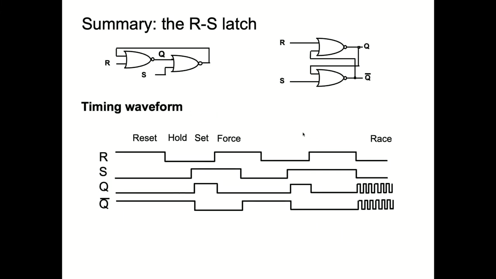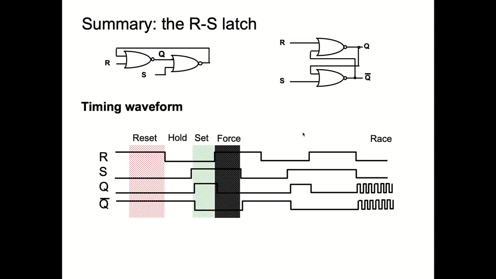Okay, all right. So this is kind of summarizing how this RS latch works. When R is high, Q will go low and Q bar will go high. And then when R goes back low, it will stay that way. If S is high, then Q will go high and Q bar will go low. If they're both high, then Q and Q bar will both be low.